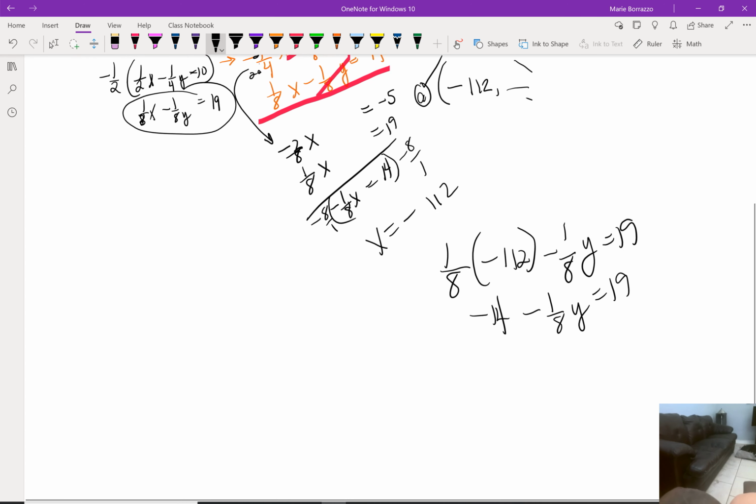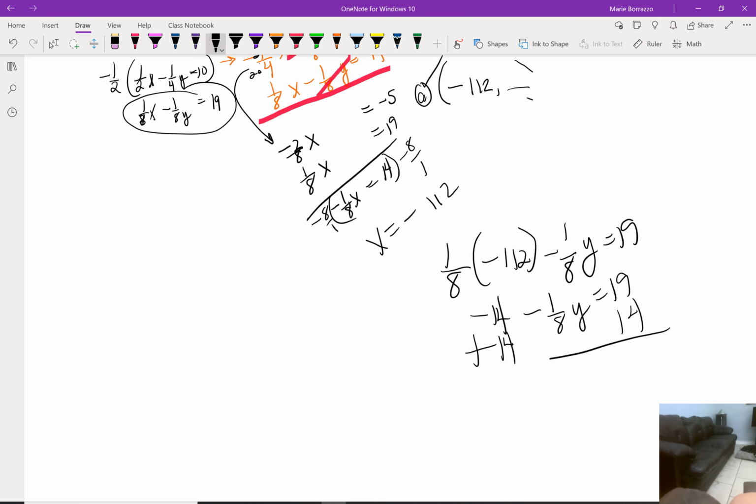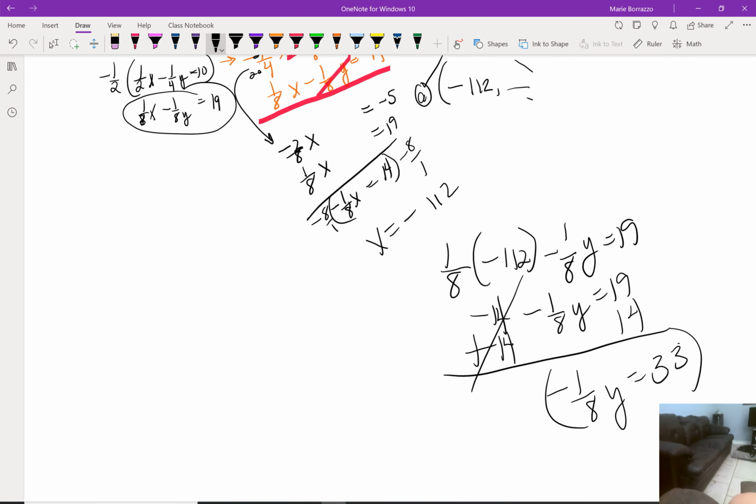I will add this 14 to both sides of the equation, canceling it out here, leaving me negative 1 over 8y is equal to 33. I will then multiply the entire equation by negative 8 over 1.